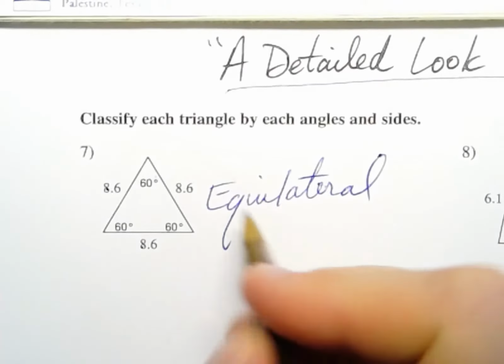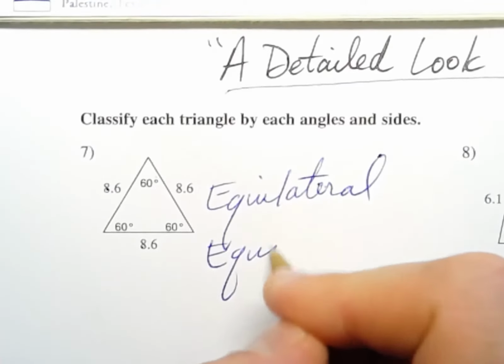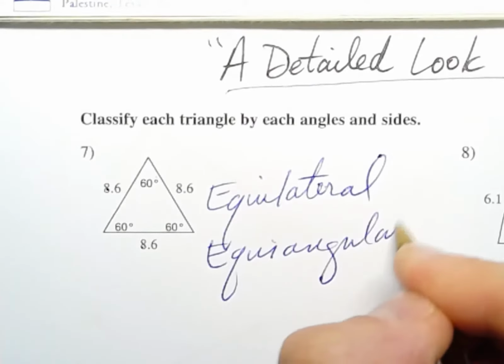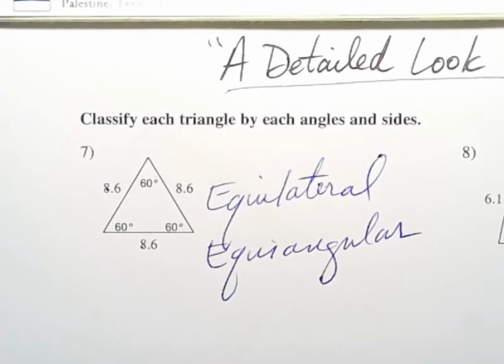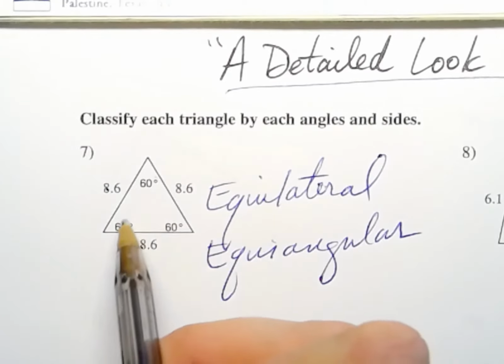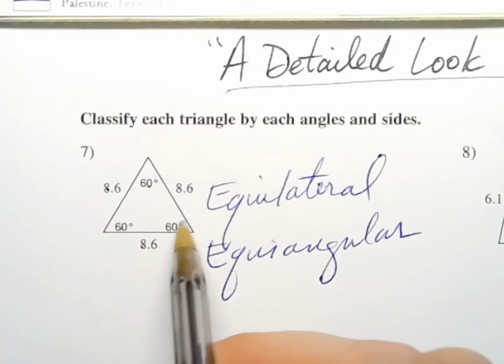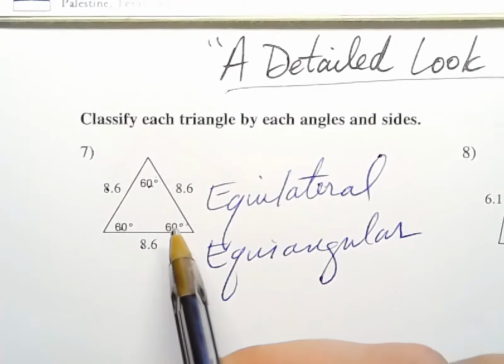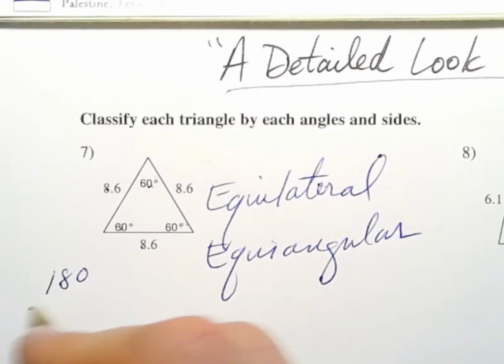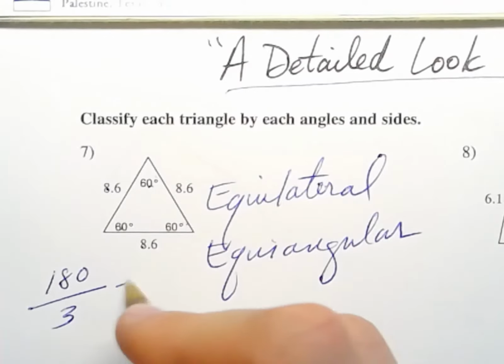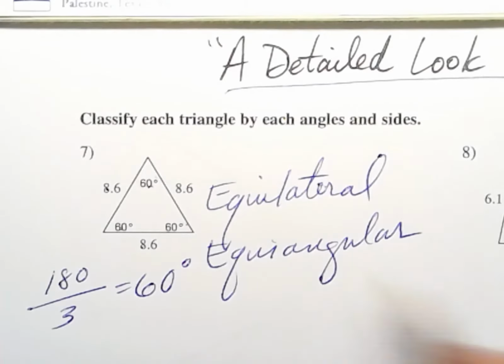And if it's equilateral, it's also equiangular, meaning that the angles are the same too. Obviously if it's 60, 60, and 60, that's the only way to have an equiangular triangle, because there are 180 degrees in a triangle, and if they're all the same size, we divide by 3 and get 60 degrees each. 60, 120, 180.